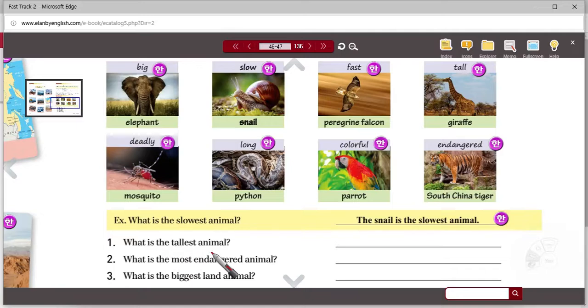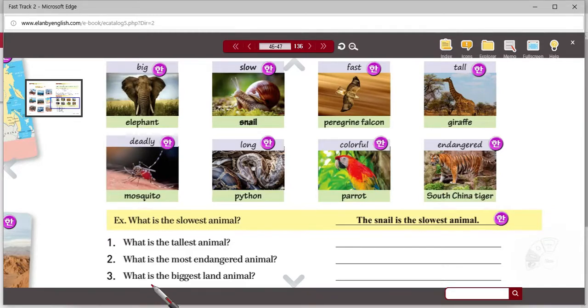Number one, what is the tallest animal? Okay, so what's the tallest animal? The giraffe is the tallest animal. Number two, what is the most endangered animal? The most endangered animal is the South China tiger, or the South China tiger is the most endangered animal. Okay.